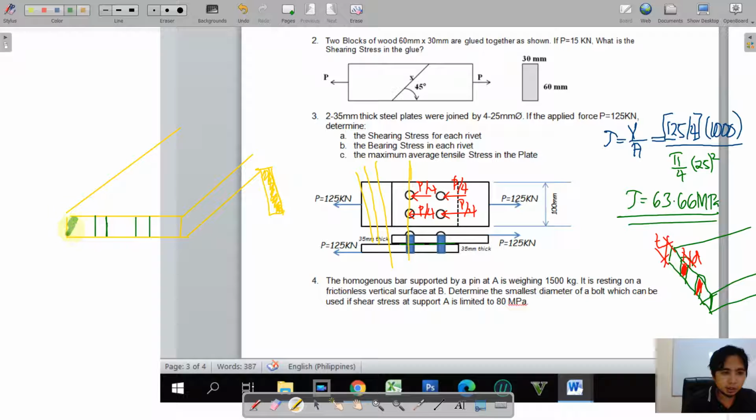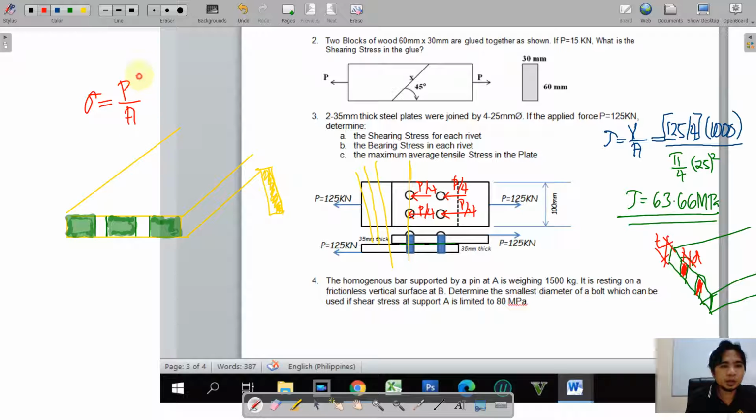So here it is. This is the area now that is being stretched if we are going to deduct the hole of the rivet. So that's it, and then we'll just apply this simple formula: sigma is equal to P over A.